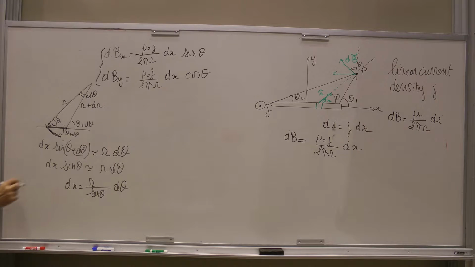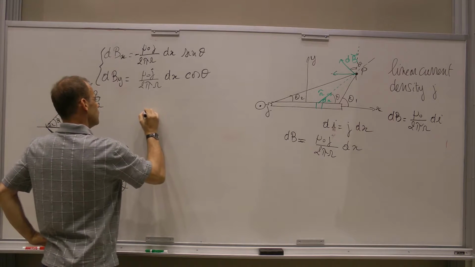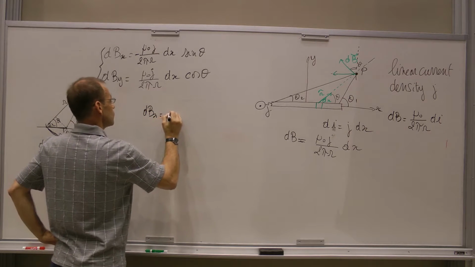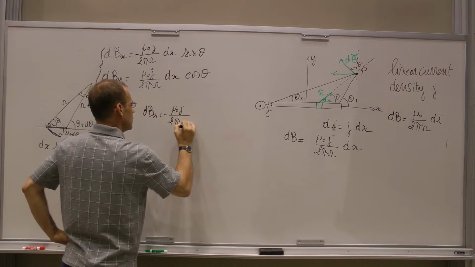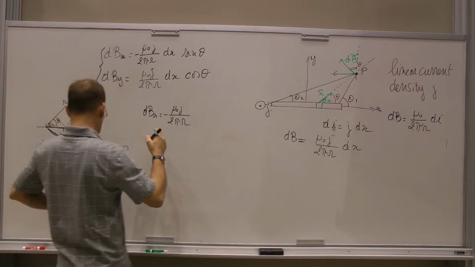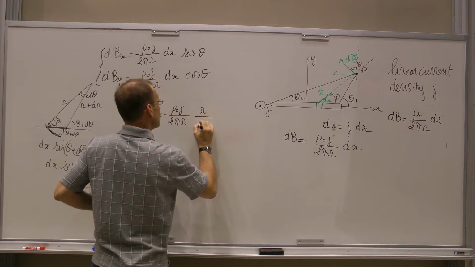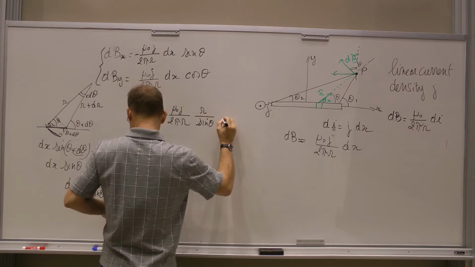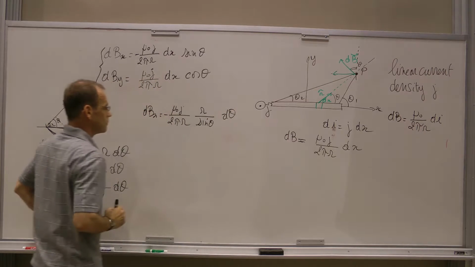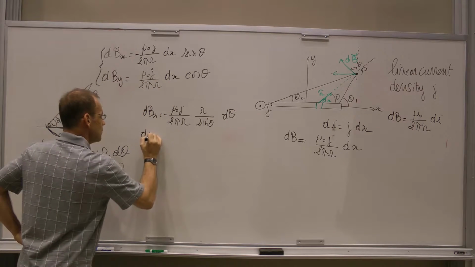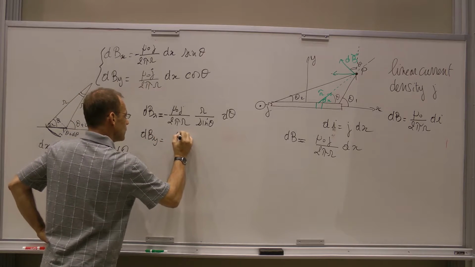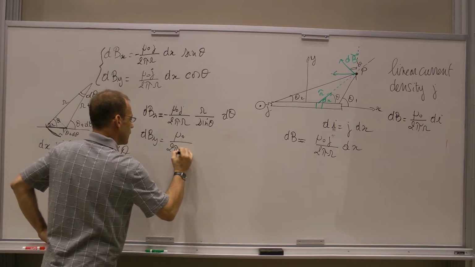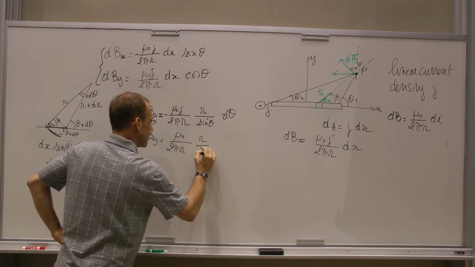And I can therefore replace into my two values of magnetic field. dBx is equal to negative mu 0 j over 2 pi r, dx is r over sine theta, and then times d theta. The same thing for dBy, mu 0 j over 2 pi r over sine theta.